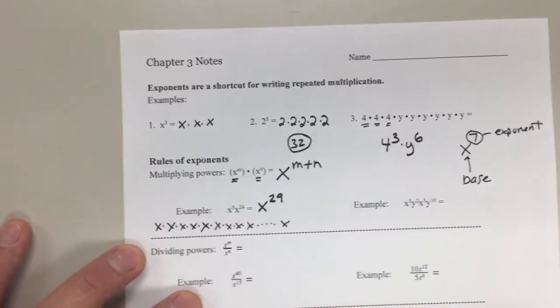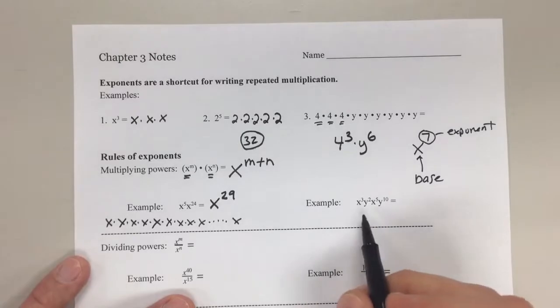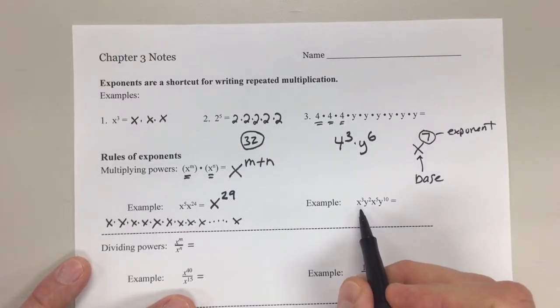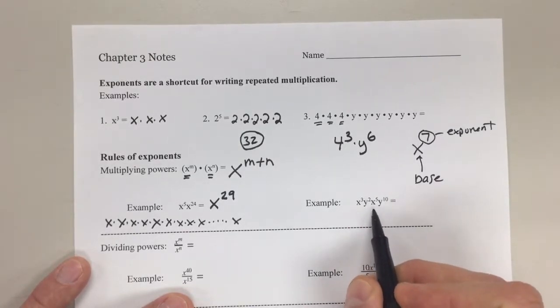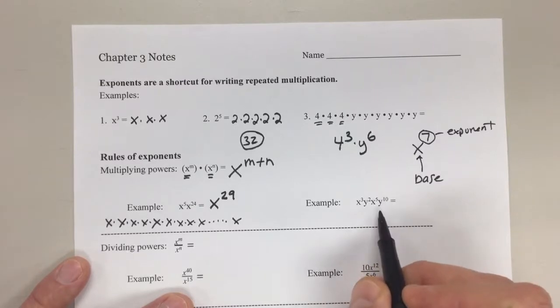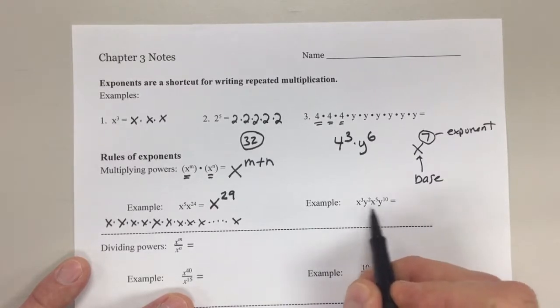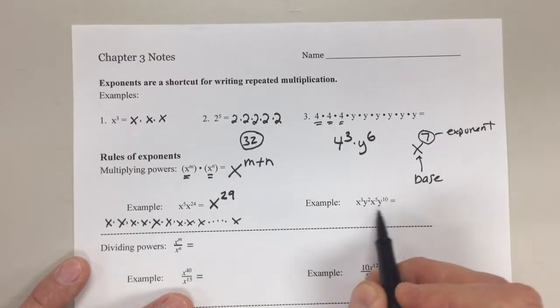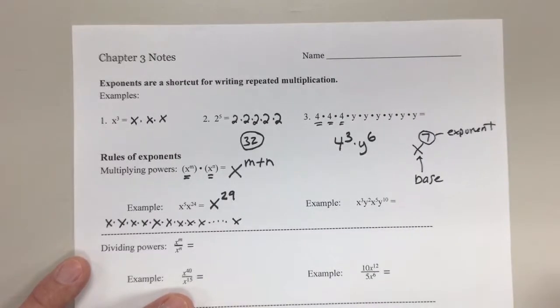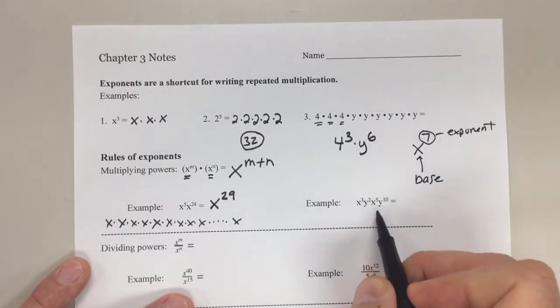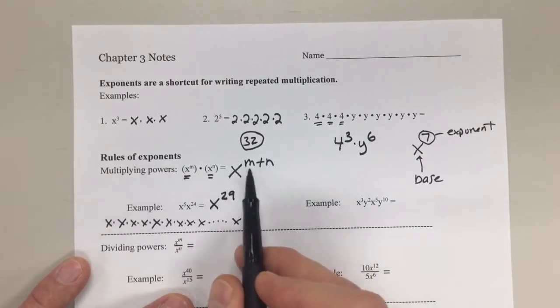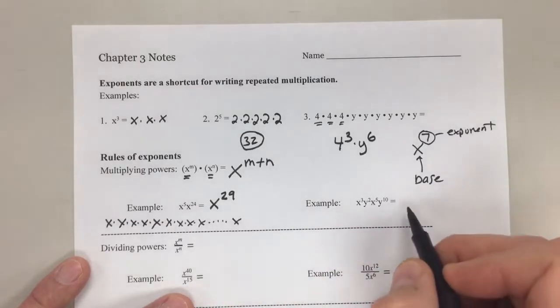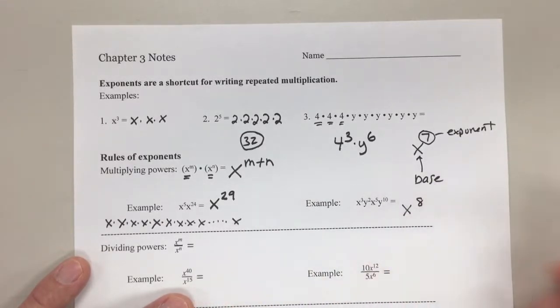That's crucial. So for this one, you notice I have x to the third, y to the second, x to the fifth, y to the 10th. So I have two different bases going on here, x and y. You can only combine the ones that have the same base. I can combine x to the third and x to the fifth. Using this rule, I would add the 3 and the 5 together, so that would be x to the 8th.